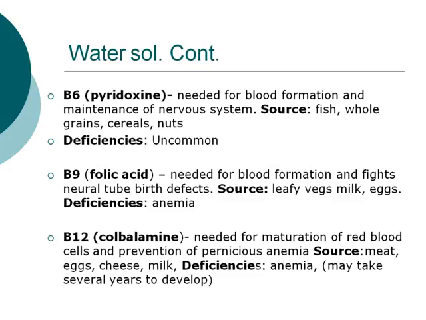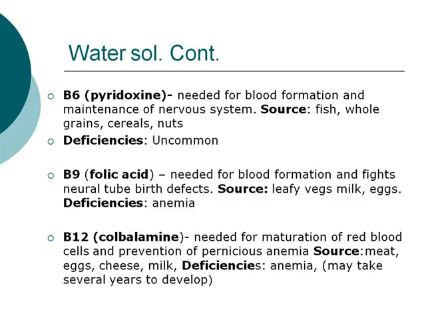B6 is needed for blood formation and to help maintain the nervous system. And you don't usually see any deficiencies here in the U.S. from B6. B9 is folic acid, and y'all remember folic acid from your maternal child or OB course.